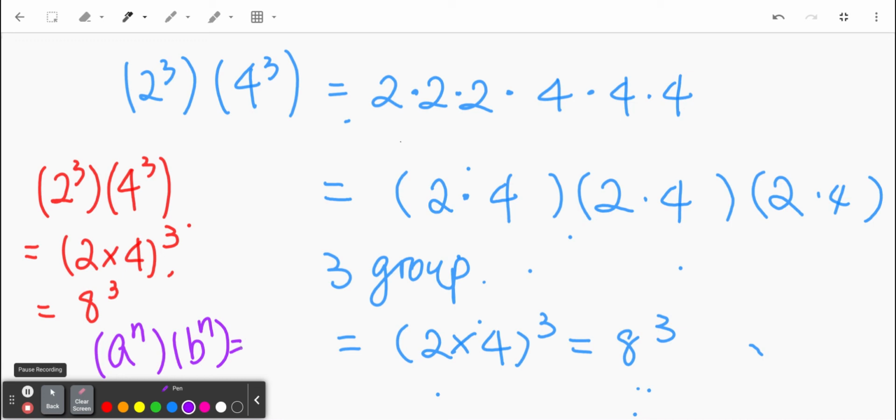So it's equivalent to what? Think about it, Landon. It's A times B to the power of n.